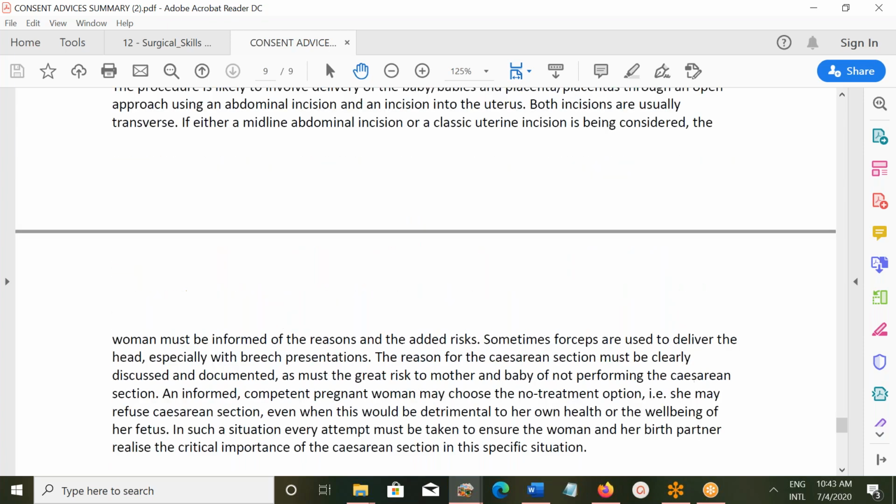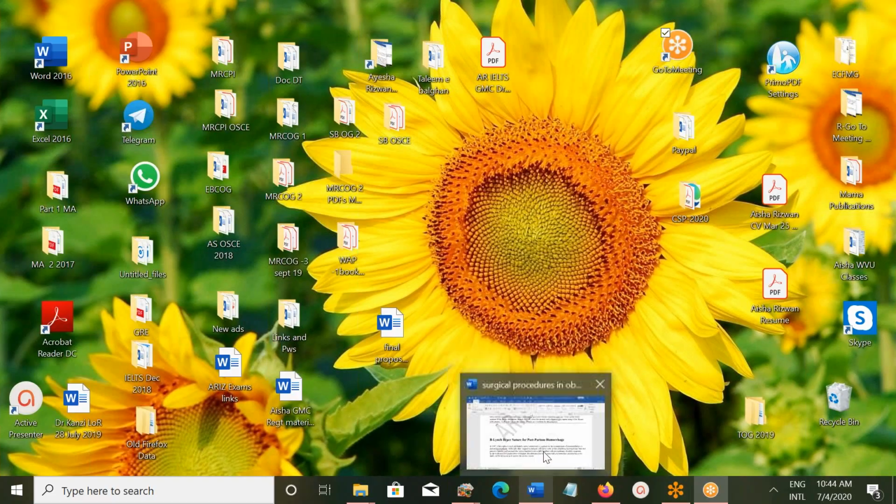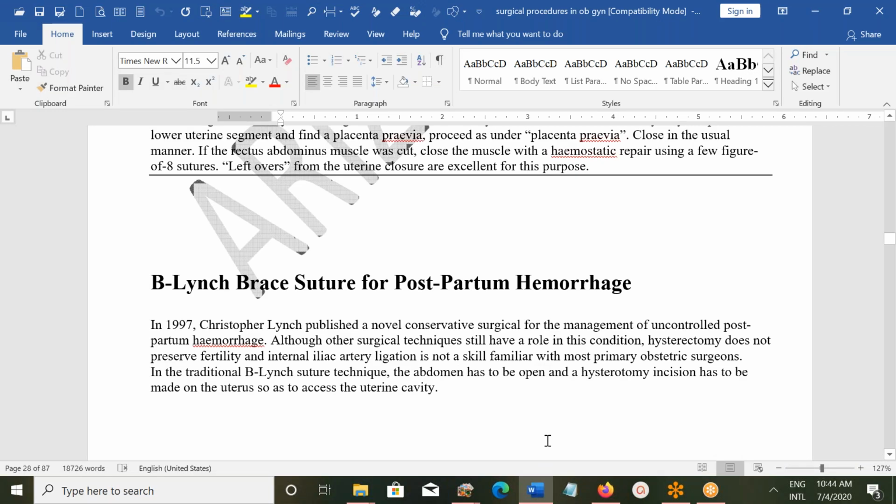So you will do everything. If they agree, well and good. If they don't agree, you will leave her alone and say that you are going to respect the decision of the patient. That is called autonomy.